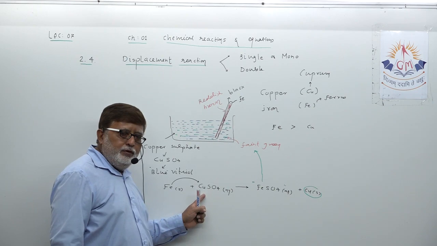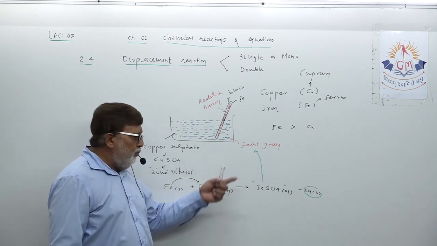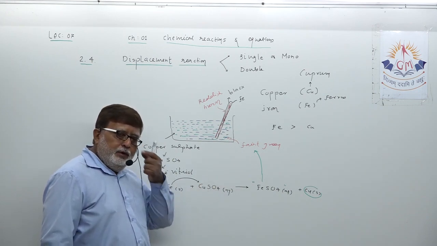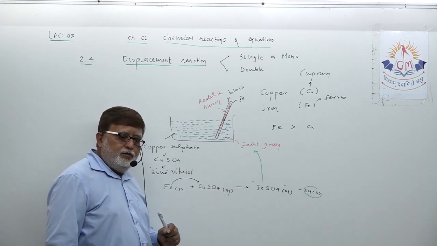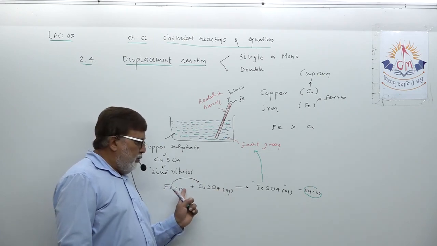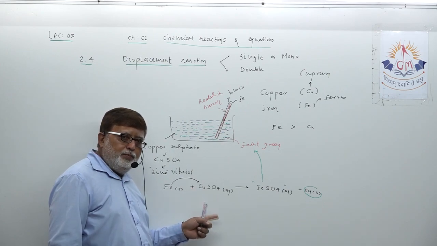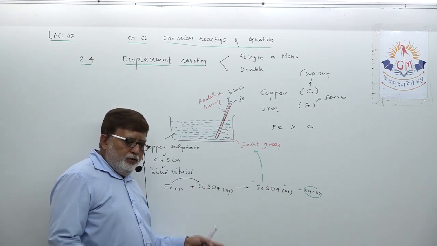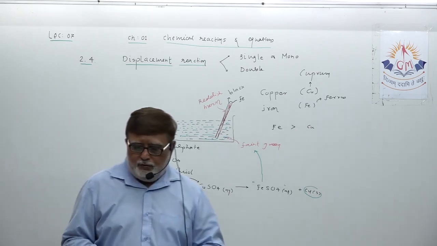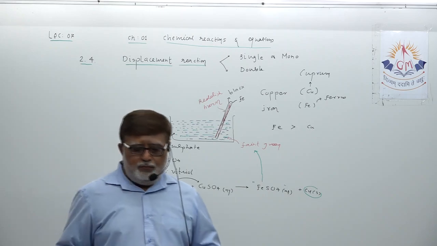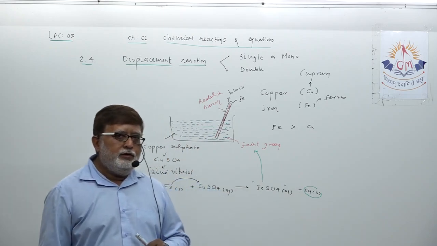So if I accurately speak about this, I can say iron displaces copper from copper sulfate and forms a new compound. Understand why iron displaces copper from copper sulfate? Because iron is more reactive than copper. So if you see the definition of displacement reaction, dear student, in your physical copy, what is written?